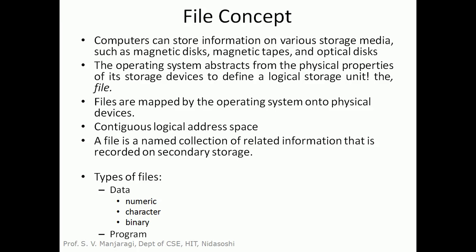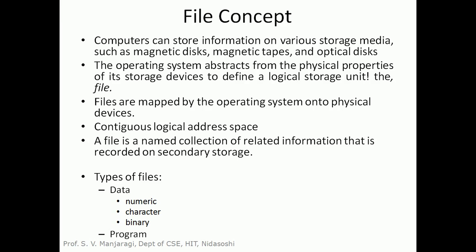Now let us look at the file concept. A computer can store information in secondary storage devices like magnetic disks, tapes, and optical disks. The data or information will be stored in secondary storage devices like the hard disk in the form of files.